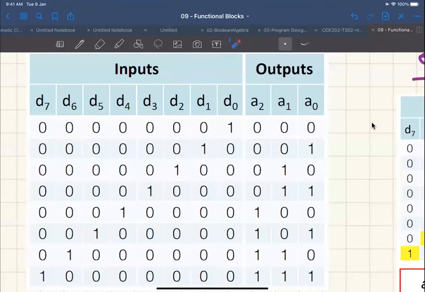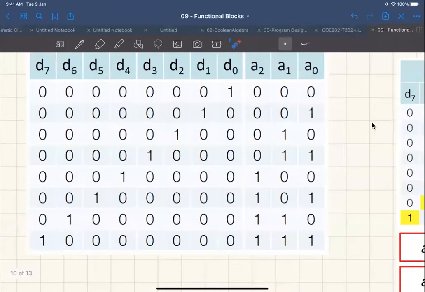It means that you have to write down 256 squares, which is too much. So we have to find another way to do that. The other way is that we just ignore the invalid inputs and assume that these are the only inputs we're receiving.